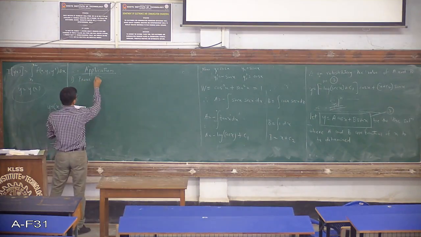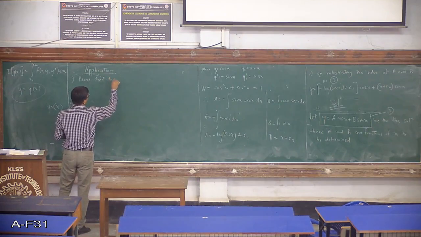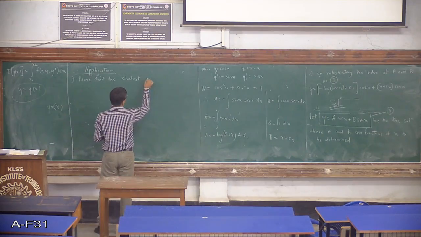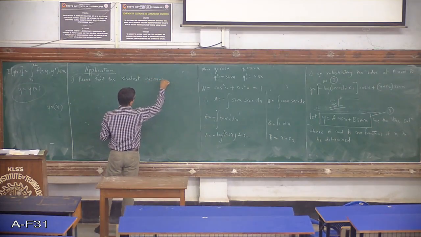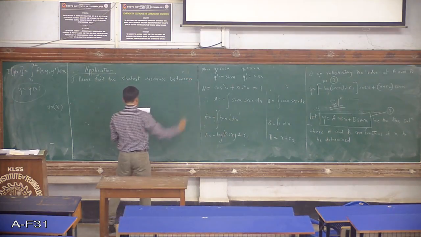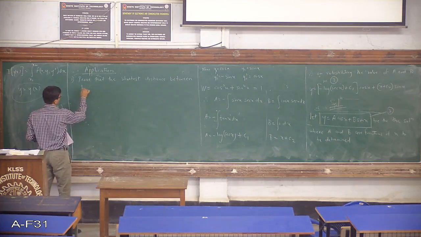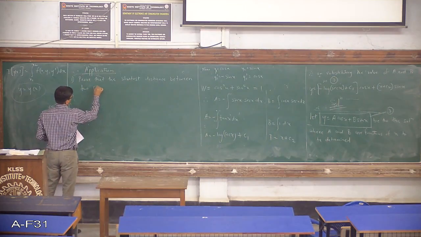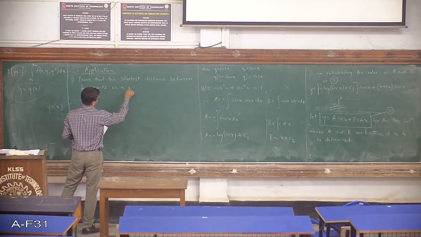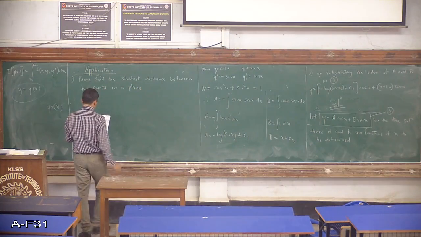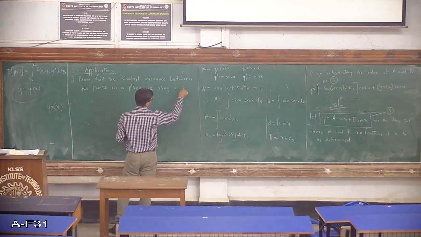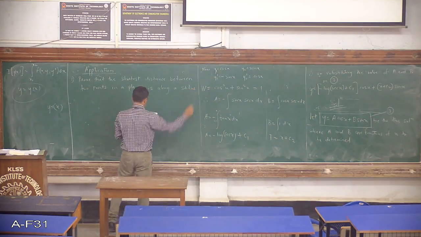Prove that the shortest distance between 2 points in a plane is along a straight line.